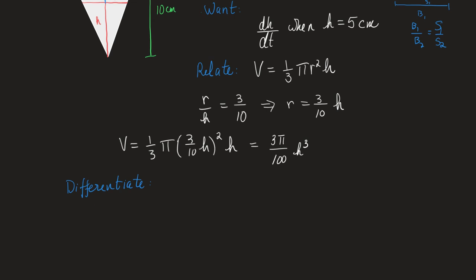Next, I'm going to differentiate. And when I do that, I get dV by dt is equal to 9 pi over 100 H squared dH by dt. And I now have everything I need. So let's just substitute and solve.